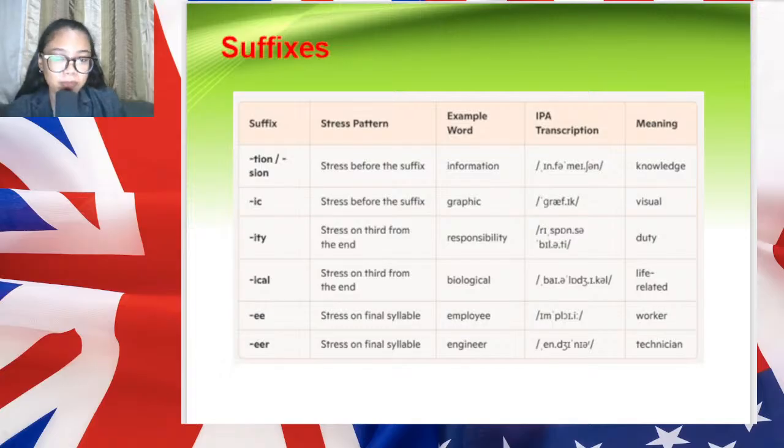Now, understanding how suffixes affect stress is like getting a cheat sheet for pronunciation. For example, consider the word economic. Notice how the stress is on the syllable right before the ic. Or how about words ending in tion, like organization or information.